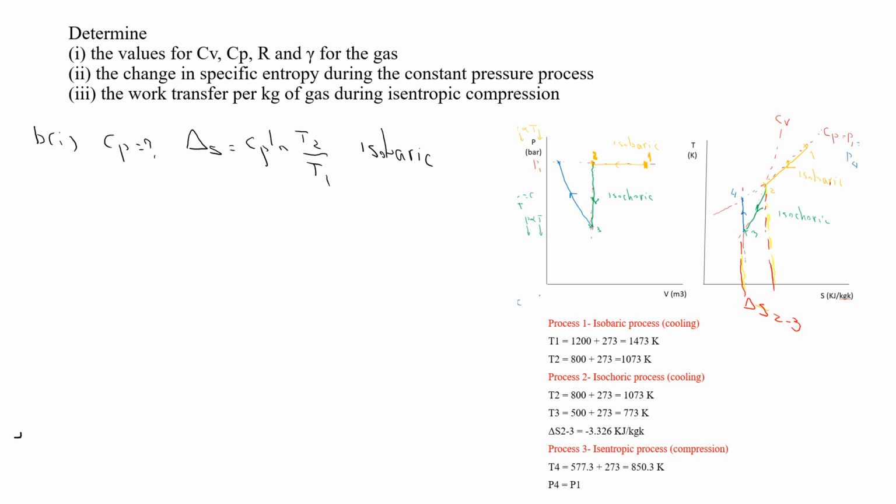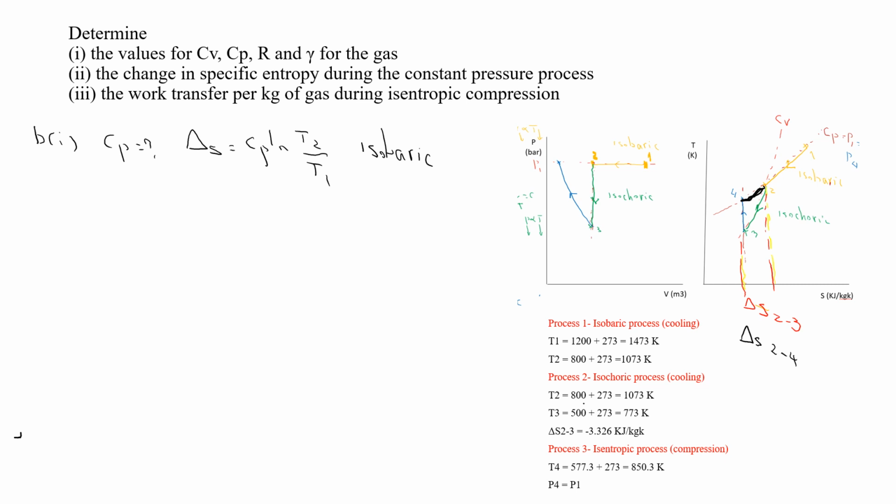So we are going to use this part of the sketch from 2 to 4, and that is delta S 24.